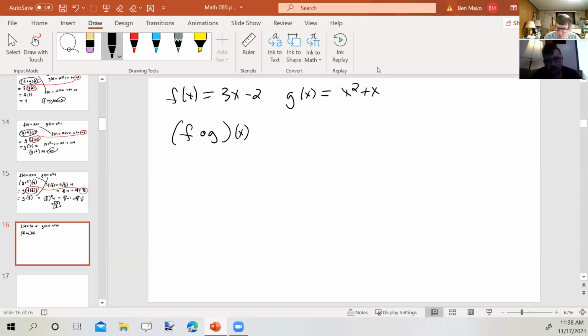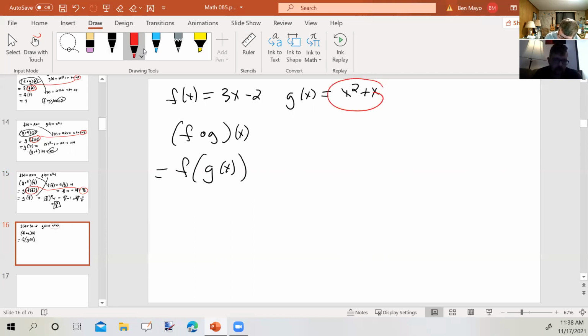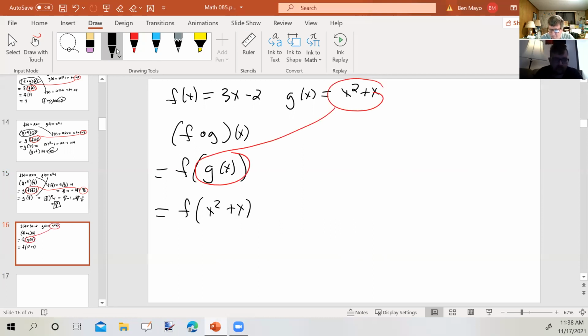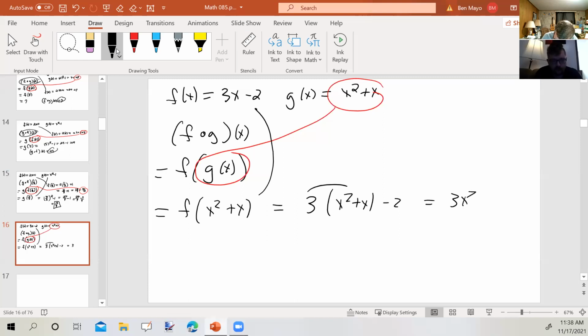So f composed with g of x equals f of g of x. But g of x is x squared plus x, so that goes in there. So now we have f of x squared plus x. So far, so good. So this would be 3 times the quantity x squared plus x minus 2, which is 3x squared plus 3x minus 2.